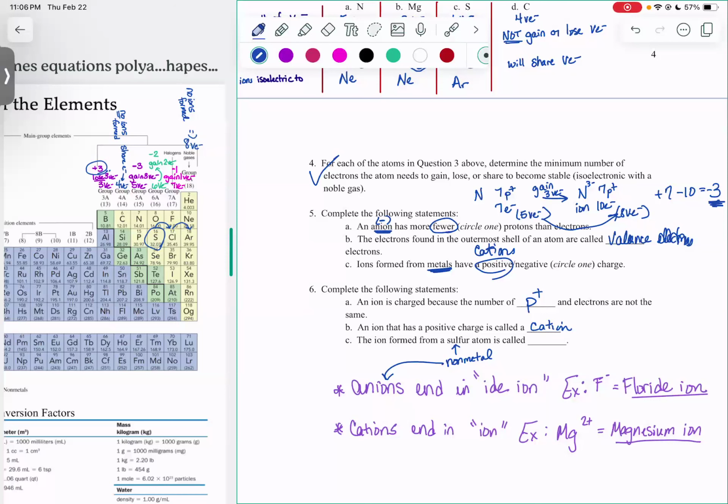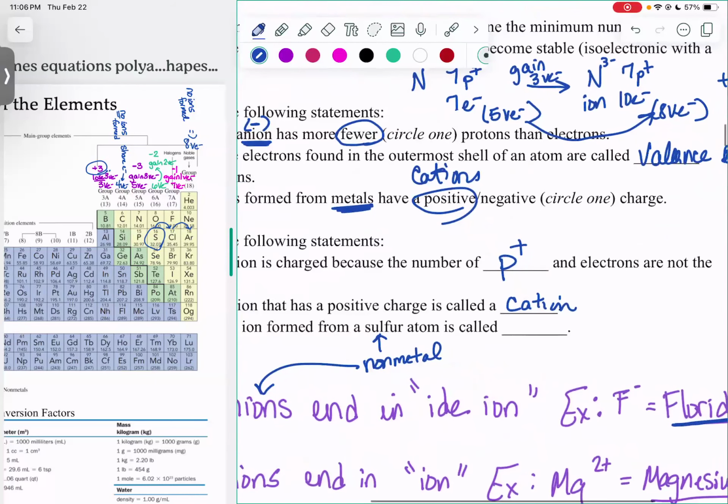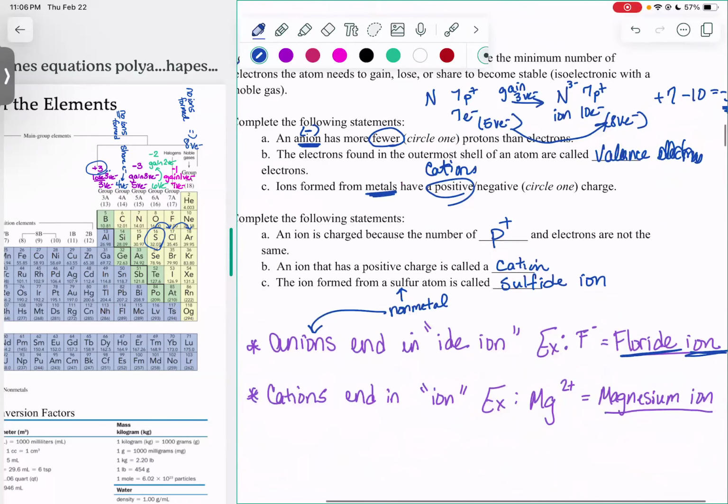Our example is fluorine. If we turn it into an ion and make it F-, it's going to be the fluoride ion. So sulfur is going to be the sulfide ion.